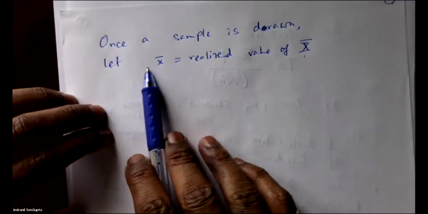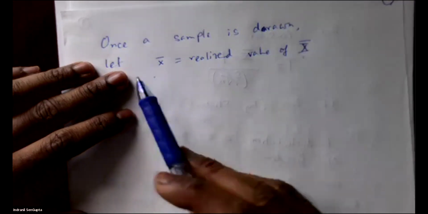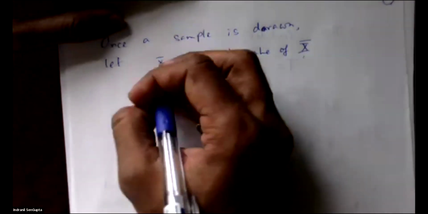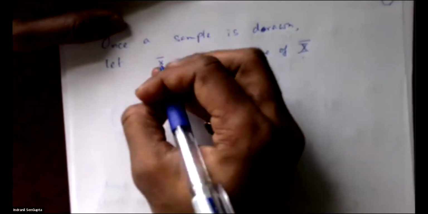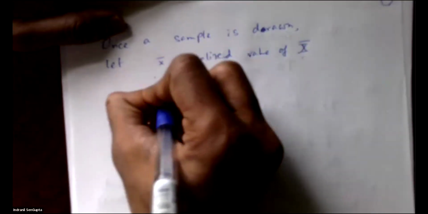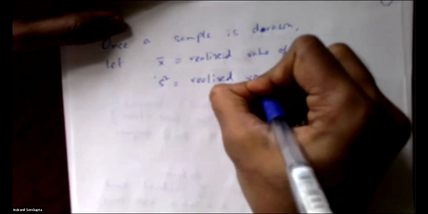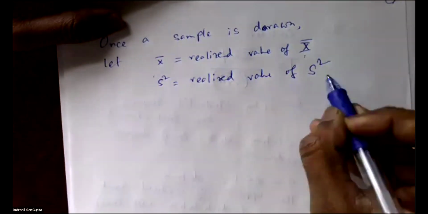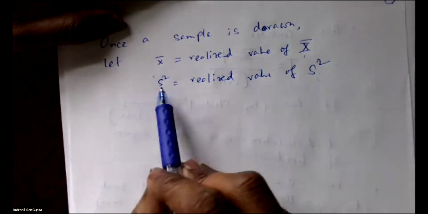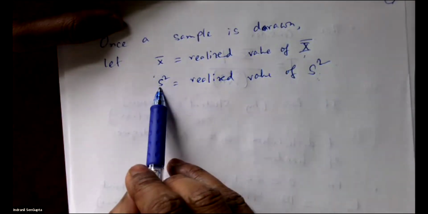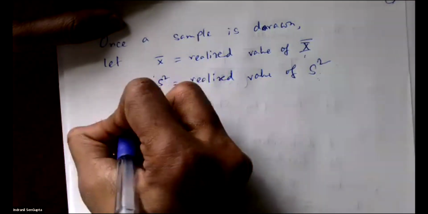Remember that big X bar is always a random variable, and this little x bar is a value of the random variable, right? And suppose that little s squared is the realized value of s squared. Once again, s squared is a random variable, the sample variance. And suppose for a particular sample we compute this and get little s squared.